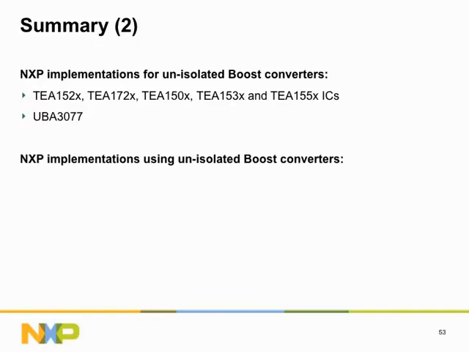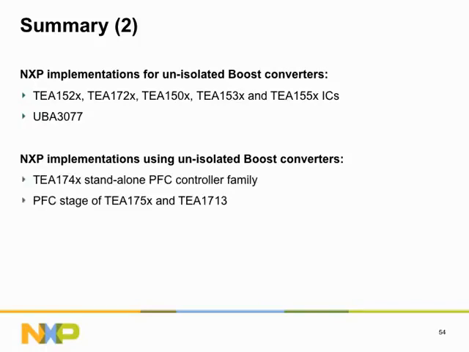One of the most important features of the boost converter topology is that it can easily be used as a power factor correction controller. Details of the power factor corrector are presented in a subsequent course module, but to give a preview of some of the devices that include a PFC stage, we mention the standalone PFC family of ICs, TEA174X, the TEA175X family, and the TEA1713 IC.